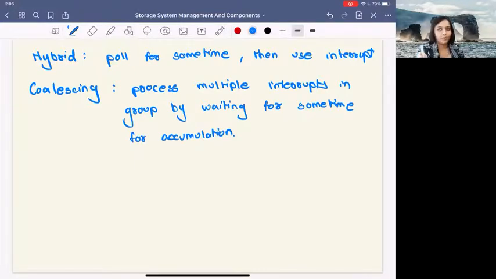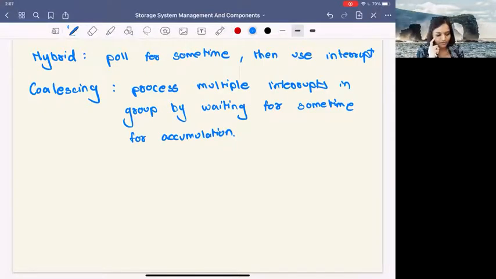We would wait for a while after the disk is done with its task, hoping that in the meanwhile, there are other disks, and they would be done with their tasks too, right? And once we have this bunch of disks that are done with the task, then we would raise an interrupt. So then the CPU, which was working on another process, would come back to resolve this interrupt.